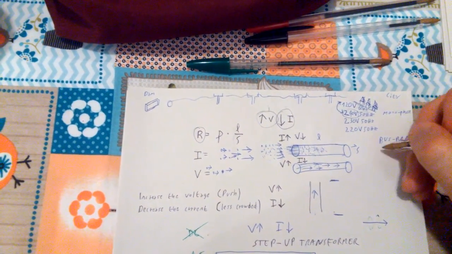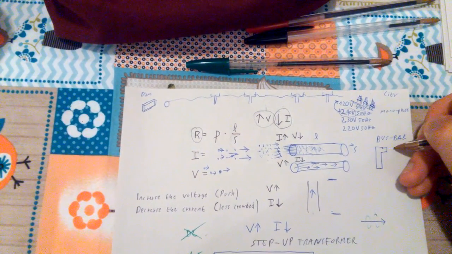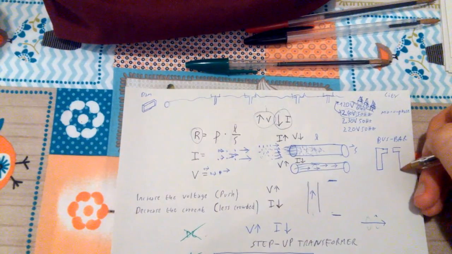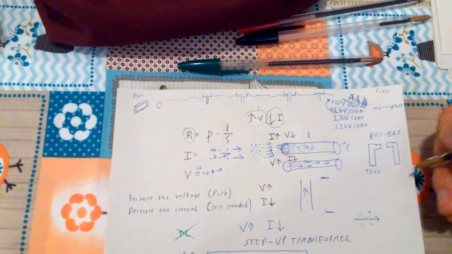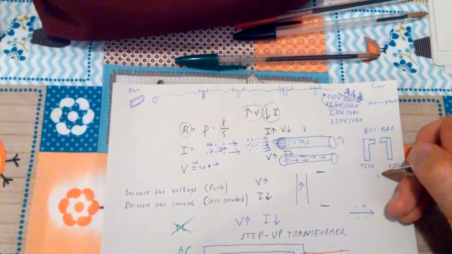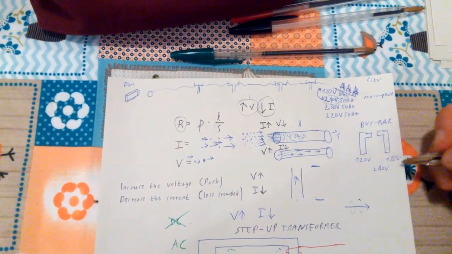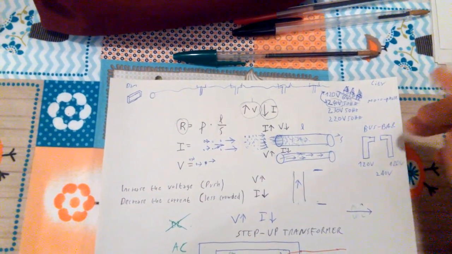And in the bus bar, it's something like this. You do have two phases, because this one is 120 and this one is 120, so it will be like having 240 overall, but you don't actually get appliances using the 240 directly. Well, it depends.